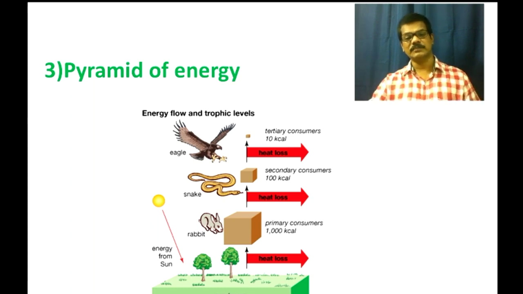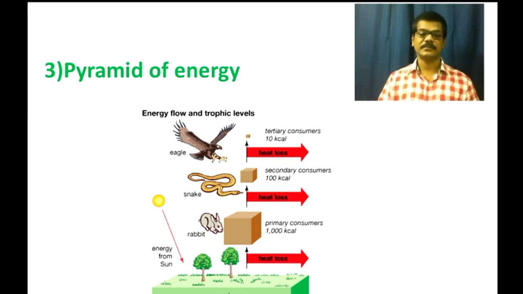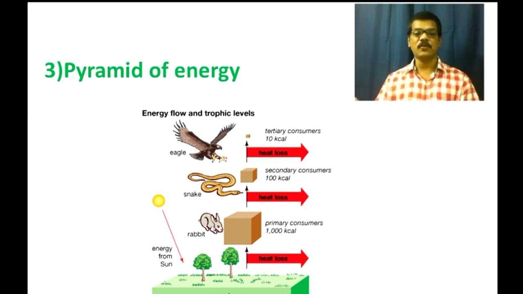In this food chain, which consists of 4 trophic levels, the pyramid becomes an upright one, because from every trophic level there is a loss of a large amount of energy in the form of heat.